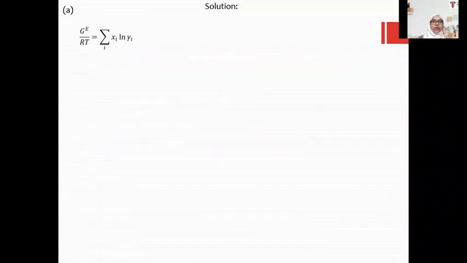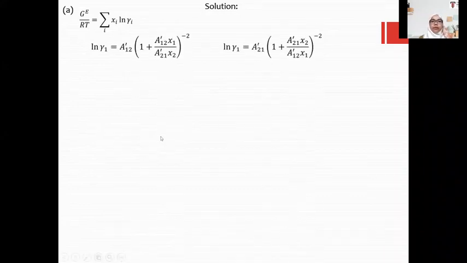So we start by listing the Gibbs energy based on the summability relation, and we also have the information on ln gamma for both compounds.